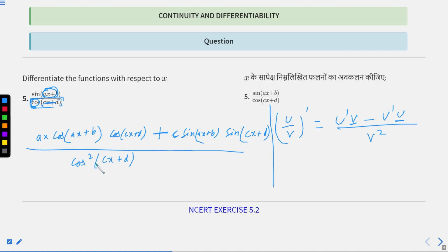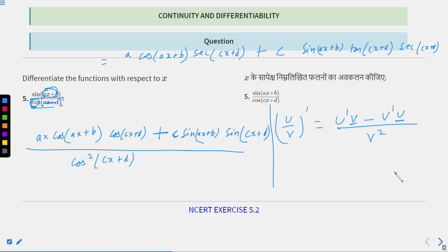After simplifying, you will have a cos ax plus b sec cx plus d, plus c sin ax plus b tan cx plus d sec cx plus d, the simple form. I hope that it is clear.